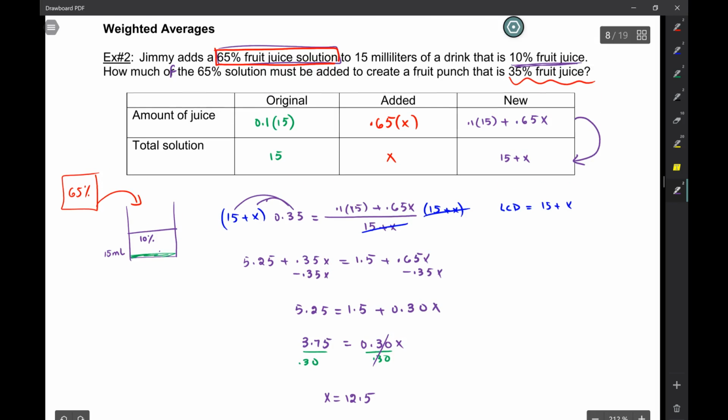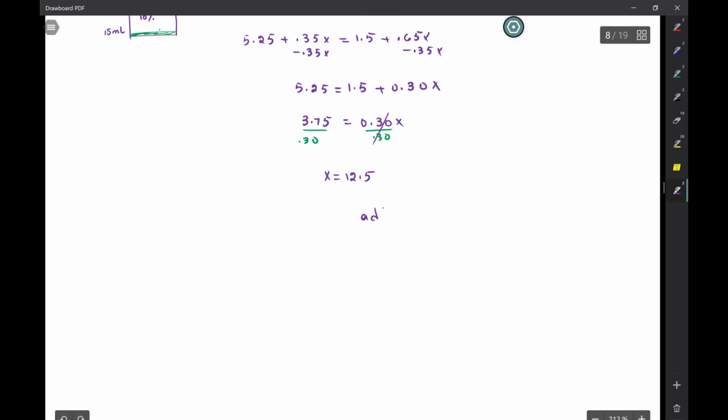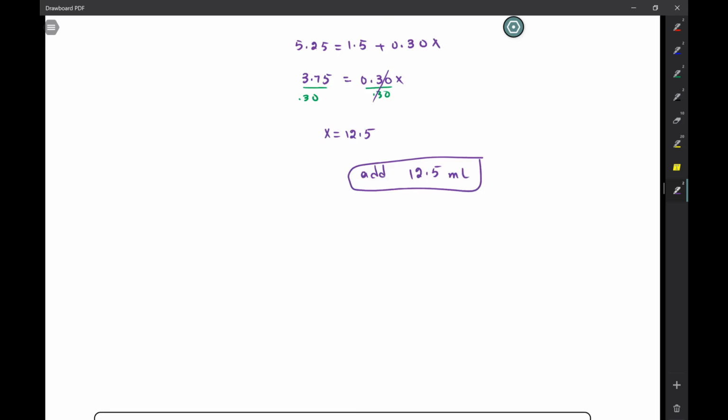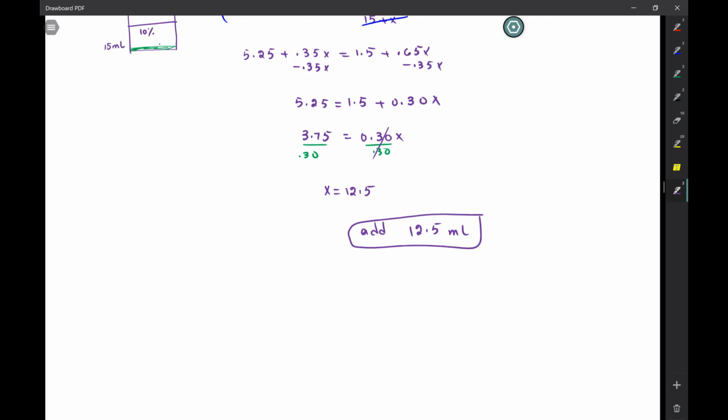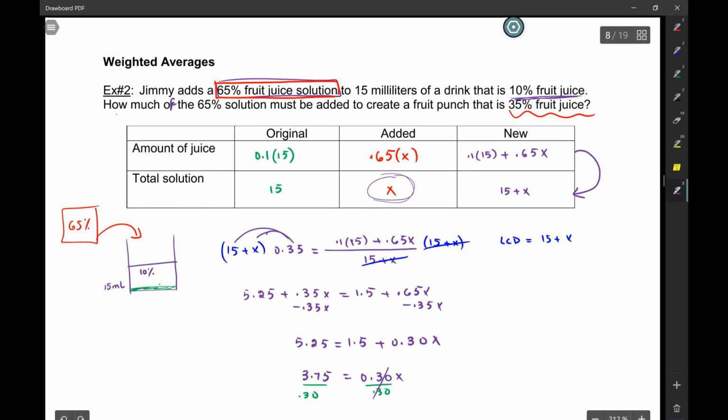So what have I solved for? I've solved for how much I should be adding. So I need to add 12.5 milliliters. It's just 12.5 because it's asking how much must be added.